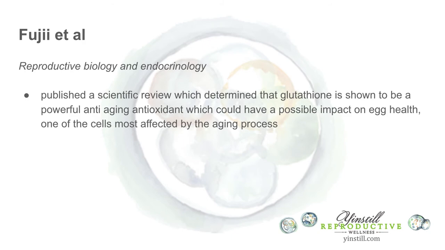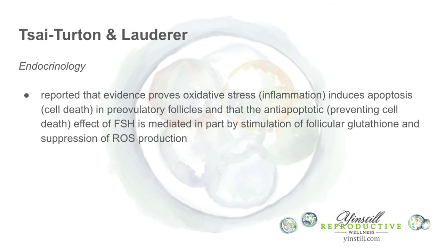The journal Reproductive Biology and Endocrinology published a scientific review by Fuji et al., which determined that glutathione is shown to be a powerful anti-aging antioxidant, which could have a possible impact on egg health, one of the cells most affected by the aging process.